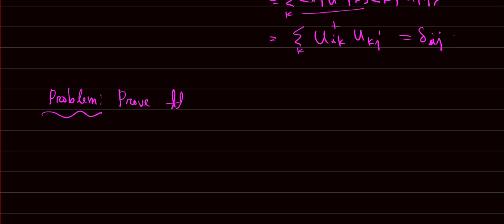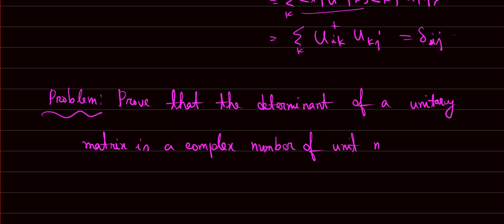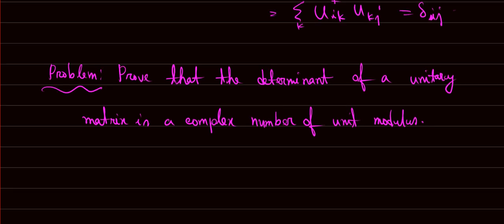Prove that the determinant of a unitary matrix is a complex number of unit modulus. So we have to prove that the determinant of a unitary matrix, I hope we all know what the determinant of a matrix is.